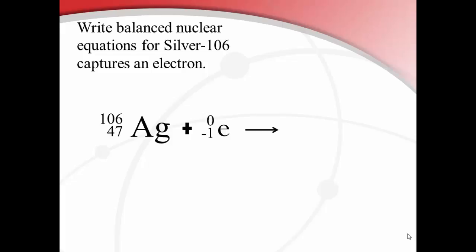So my mass on the right side must be 106. 47 plus -1 must equal the atomic number of my new element. 47 plus -1 is 46. Looking up number 46 on the periodic table of elements, we get palladium. This is the complete equation for the electron capture of silver-106.